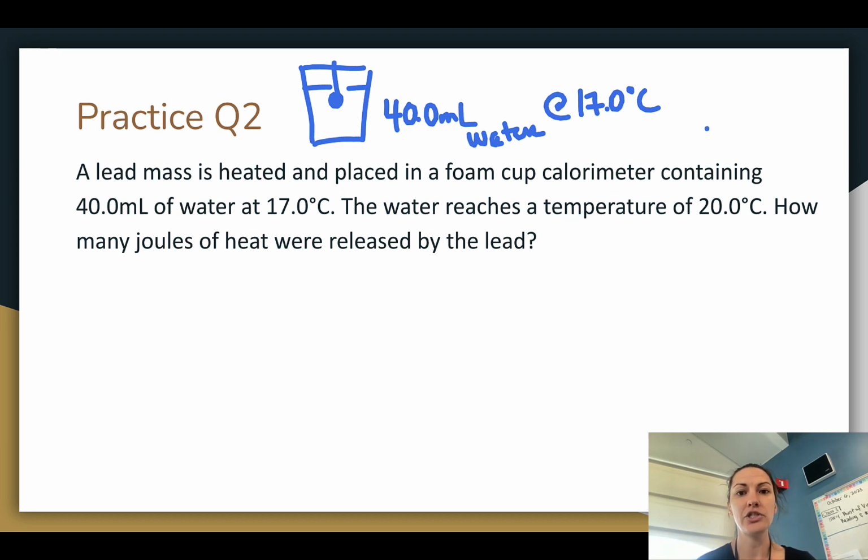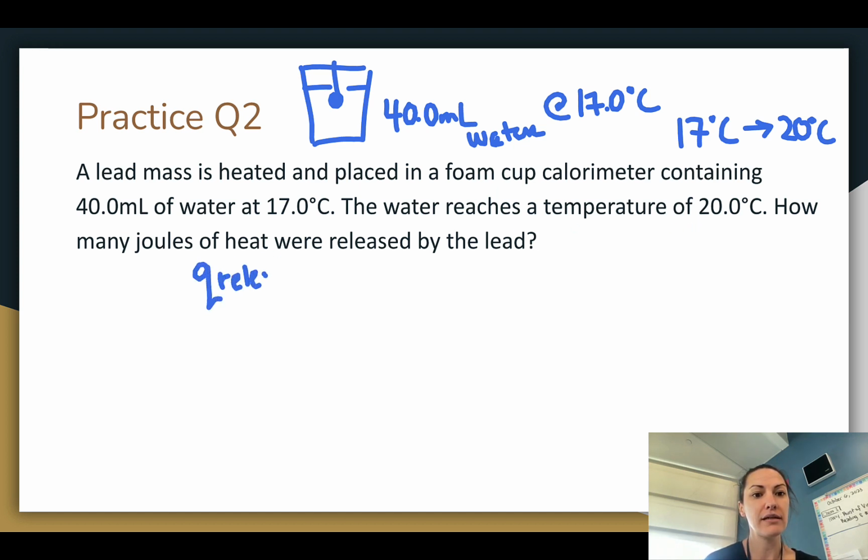So our temperature goes from 17 degrees Celsius to 20 degrees Celsius, okay? How many joules of heat were released by the lead? So the Q released of the lead is going to be equal to the Q gained by the water.